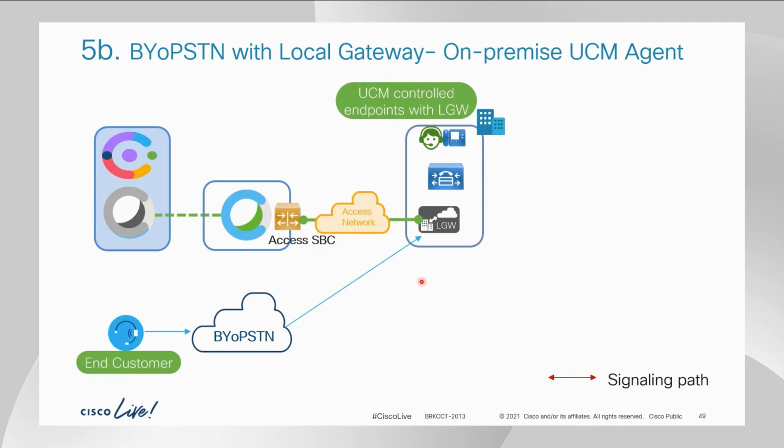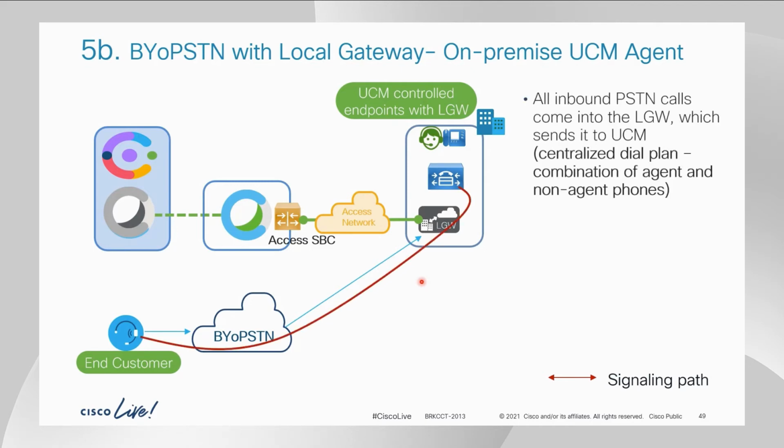The SME will aggregate the dial plan. So when the end customer dials your contact center number, the call comes in onto the local gateway. The local gateway, based on the configuration, as I mentioned, the default option will send it to unified CM, and the unified CM then determines it's a call that's intended for Webex Contact Center.